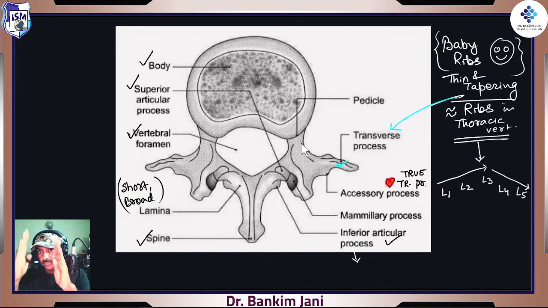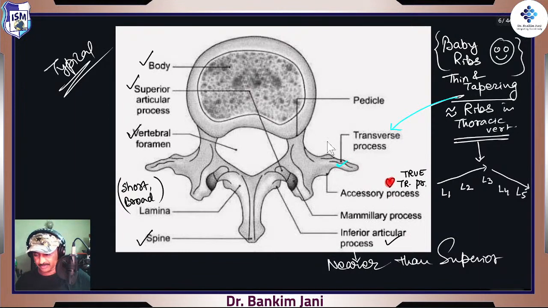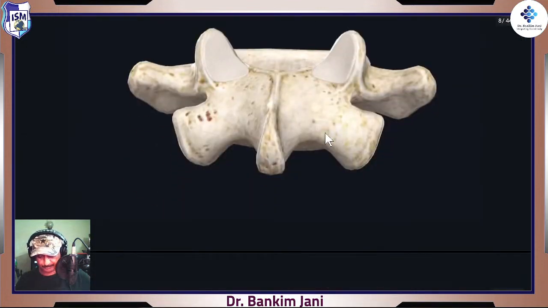But slowly and gradually it will keep on changing, so that in L5 things would be reversed. So for typical vertebrae, the inferior articular processes are nearer than the superior articular processes. Now, when we see L5, immediately you'll see the difference.